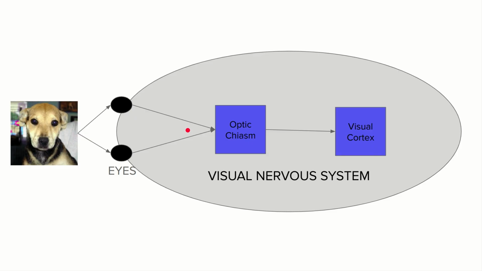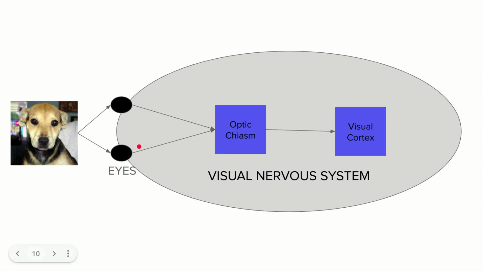Okay, now I'll spend just a minute on what biological neurons are and how they work, to relate them with artificial neural networks. In biological neurons, let's say we are looking at the visual nervous system. We have an image, which is input to the eyes.